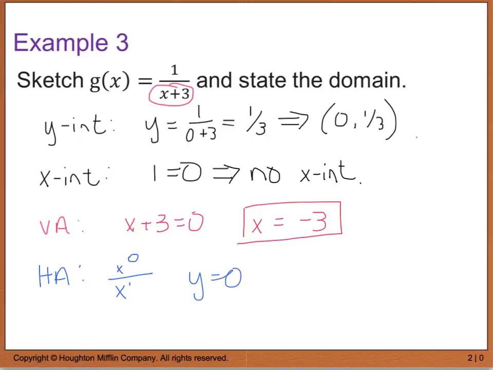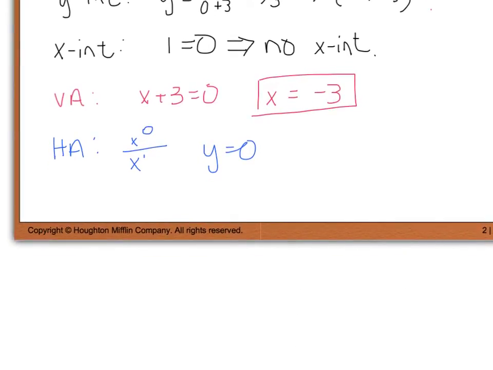Now I'm going to take my vertical asymptotes and x-intercepts and put them in order of increasing numerical values. And in this case, since I've only got the x equals -3, I've really only got 2 test intervals to look at. Okay, so my test interval, and I'm just going to put TI for my test interval.